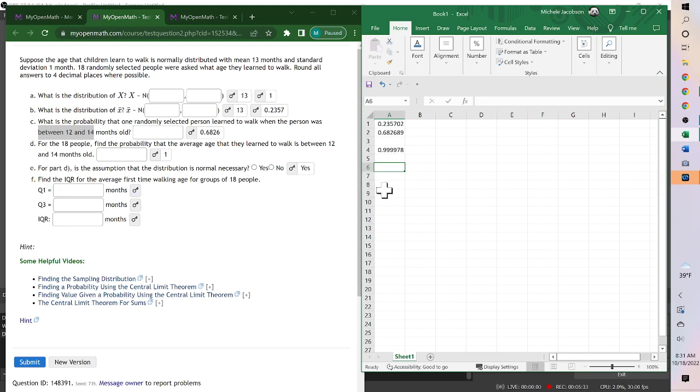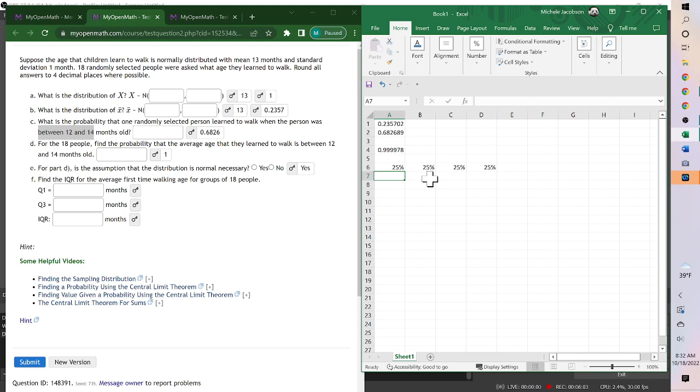For the quartiles, 25%, it breaks it into quarters. The first quartile is here. So that means 25% of the data is below it. Remember, when you're finding the value, use the percent below.